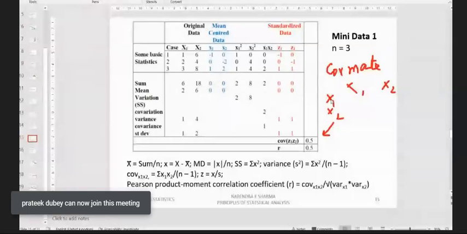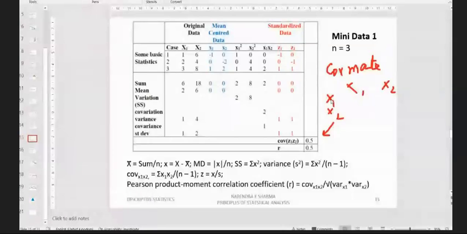And therefore we write here variance is 1, variance here is 4, and this is x1, x2, and x1, x2 covariance is 4, and variance here is 1. So this is how this can be done.